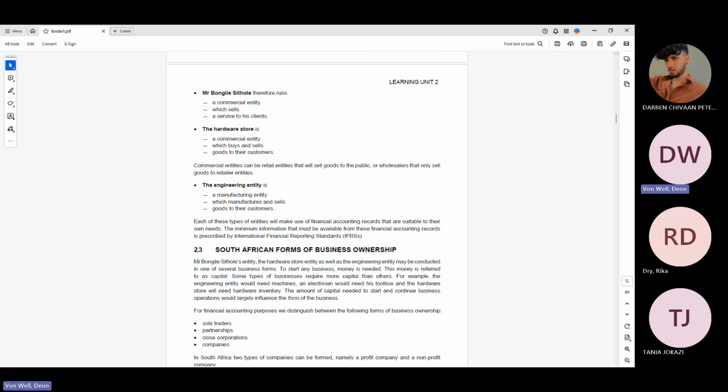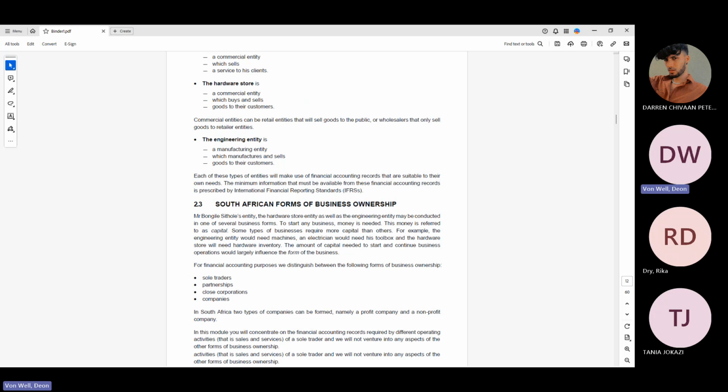Because if you can't identify them, then you won't be able to complete your accounting equation. Because in your accounting equation, you must show what is my asset, what is my equity, what is my liability. So if I can't identify them, I won't be able to complete my accounting equation.